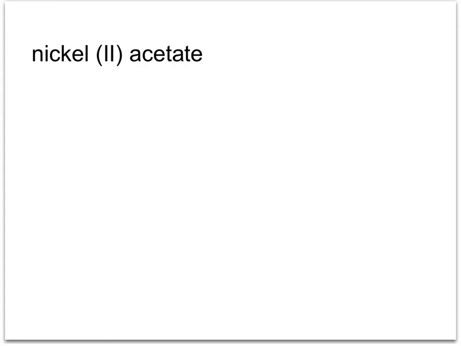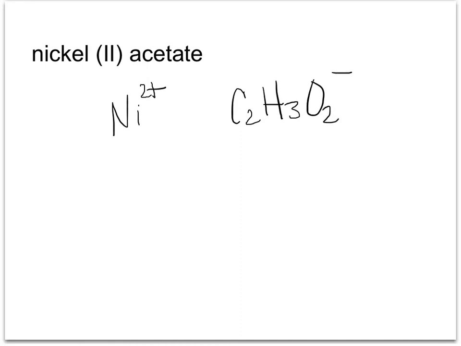Okay, time for you to practice a couple. Nickel 2 acetate. Go ahead and pause the video. See if you can do this. I'll be back in a minute. All right, nickel. Nickel is Ni. The 2 means it's 2 plus. Acetate, as you recall, is that polyatomic ion C2H3O2. It has a 1 negative charge.